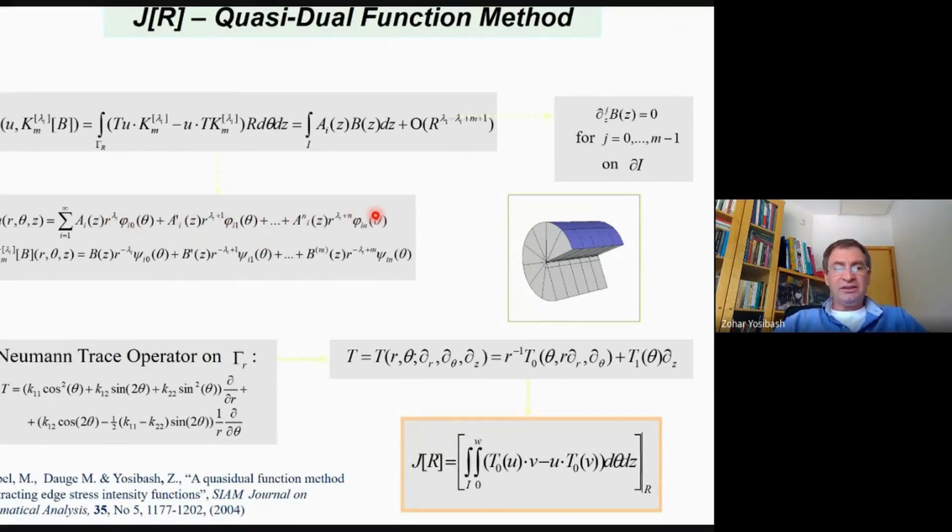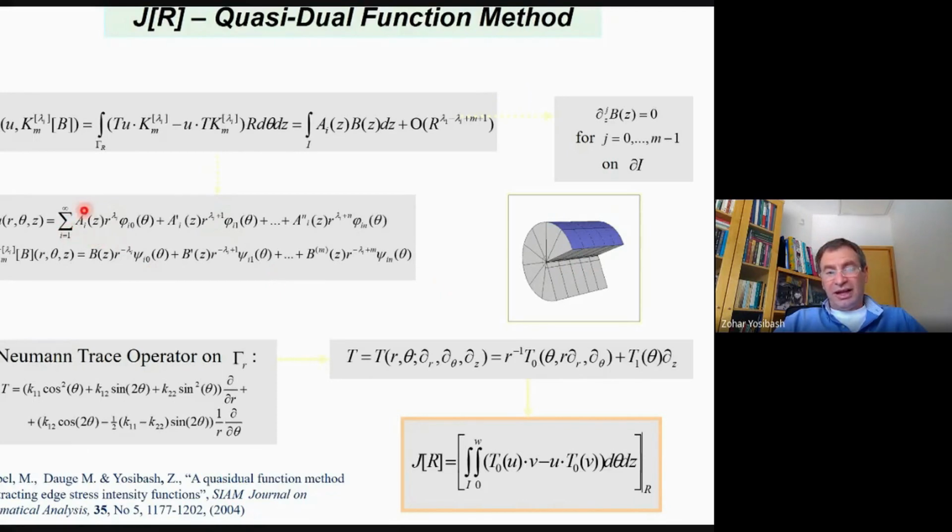And the question is, how do we compute this A1 of Z, A2 of Z, A3 of Z, any one which we would like? Again, these functions and the shadows are only dependent on the angle, material properties, and boundary condition in the vicinity of the crack front.